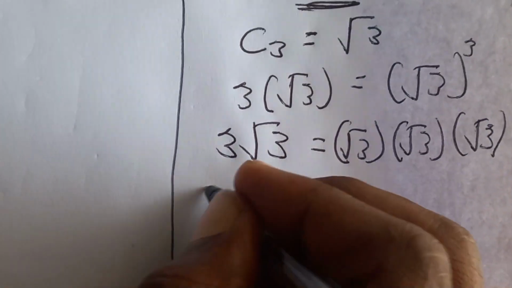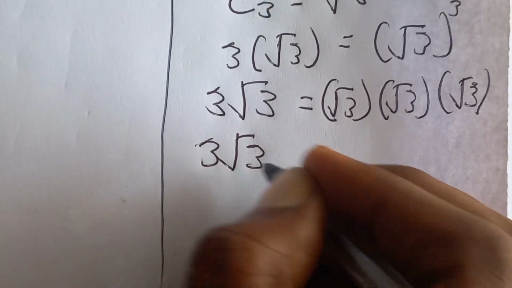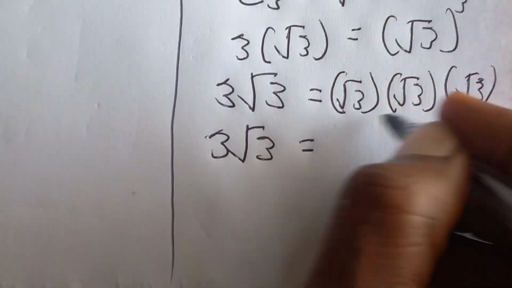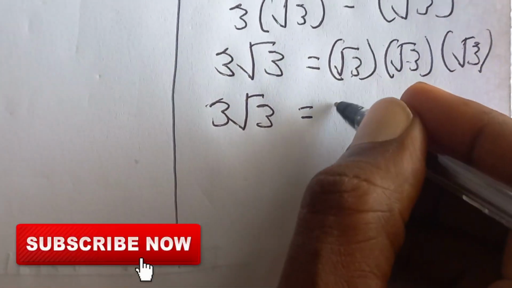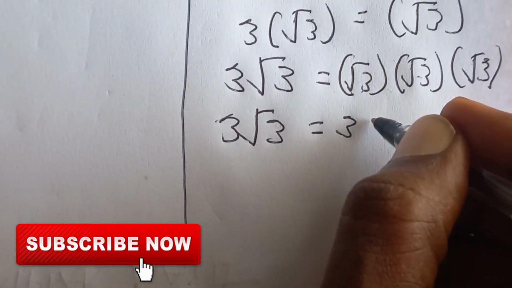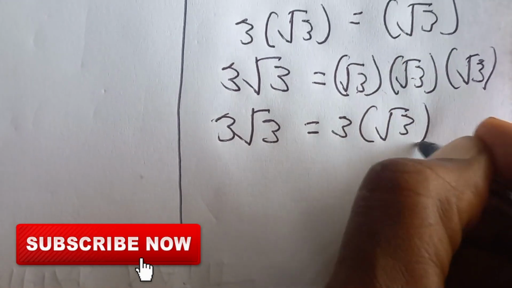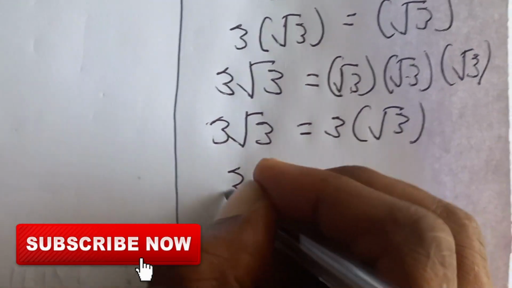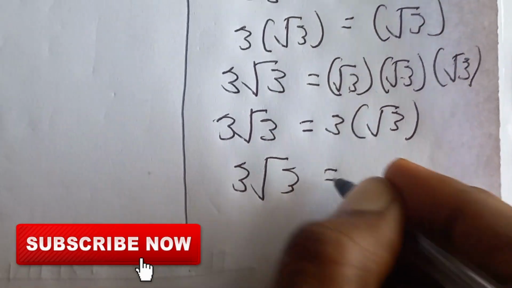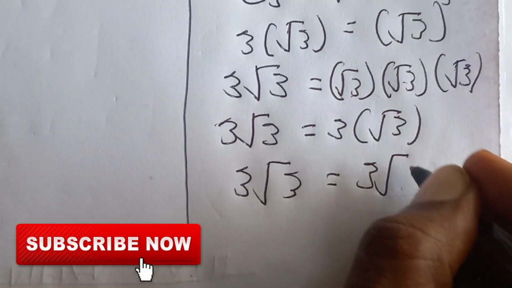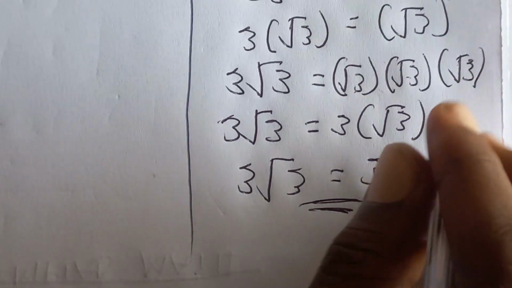So in this case, this gives us 3, then multiplied by √3. It means that we are getting 3√3 = 3√3. So this also holds.